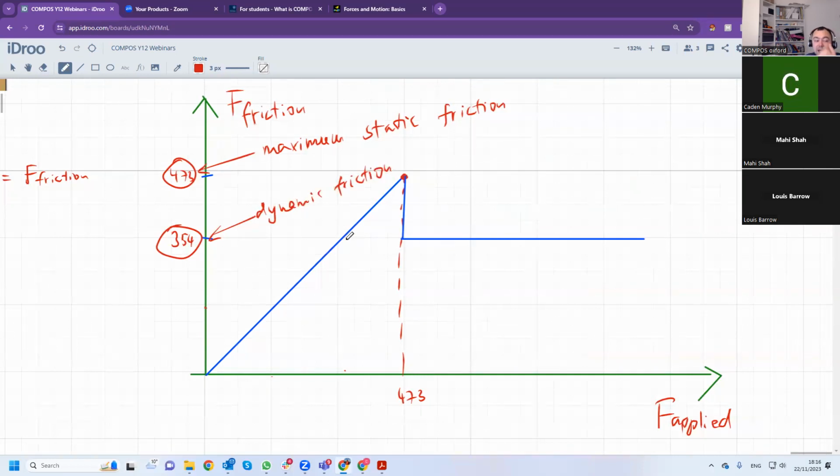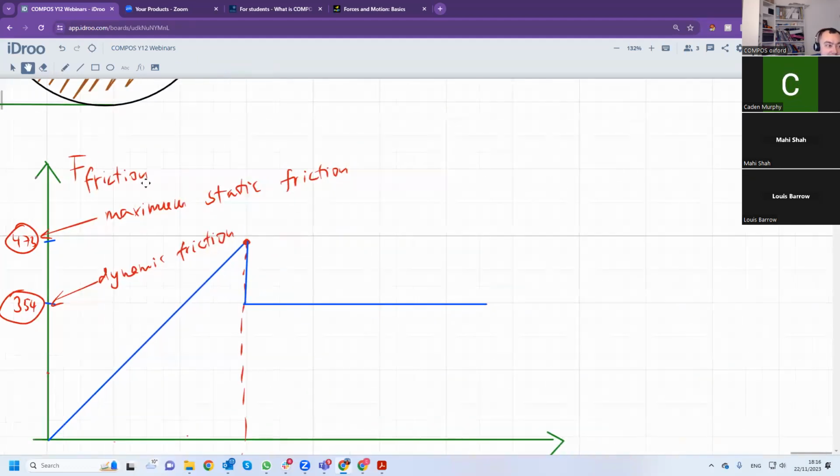Dynamic friction is always the same, and static friction is like this. So the formula for static friction: the static friction force is less than or equal to the coefficient of static friction, mu s, multiplied by the normal reaction force.